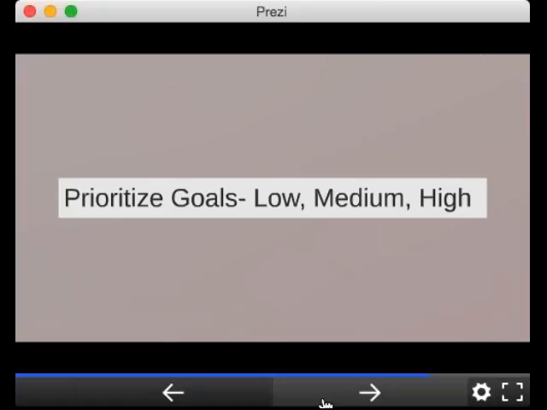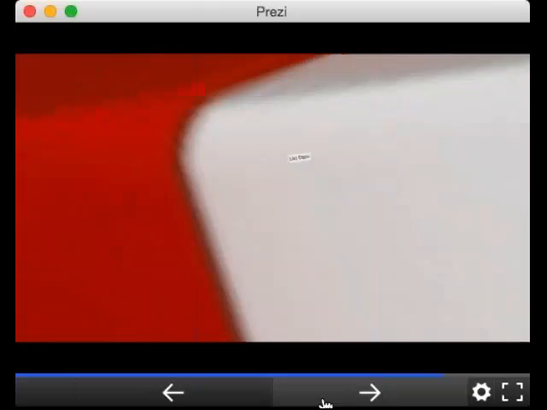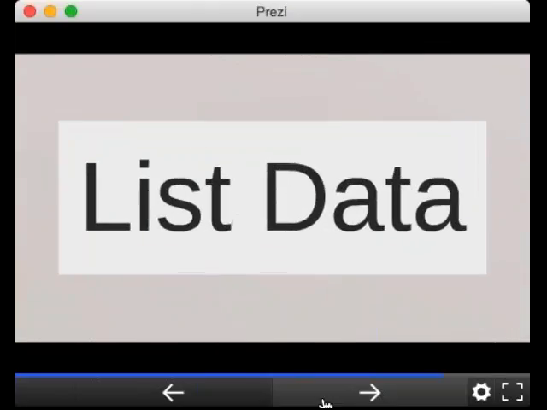So we want to think not only about who should be involved in the conversation and who should be filling out these worksheets, but we want to think about how we're going to be doing that as well. No matter what we do, we require a prioritization of those goals. And as I said earlier, we will also need a list of the data, which should be pretty easy to get.